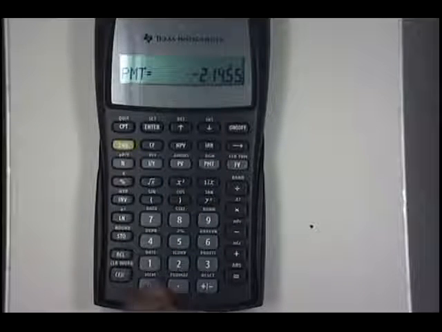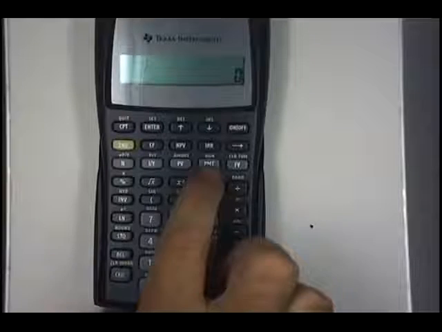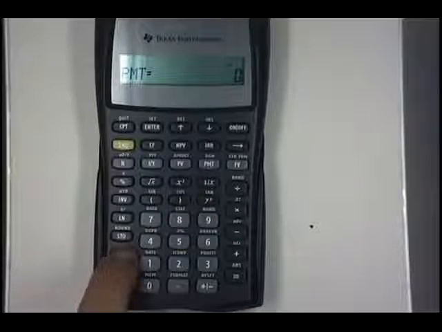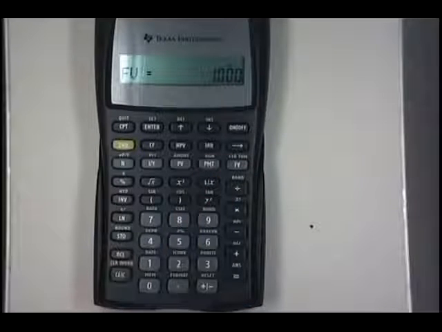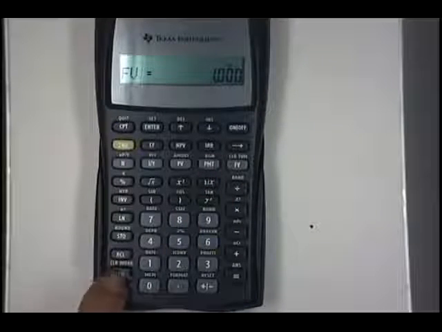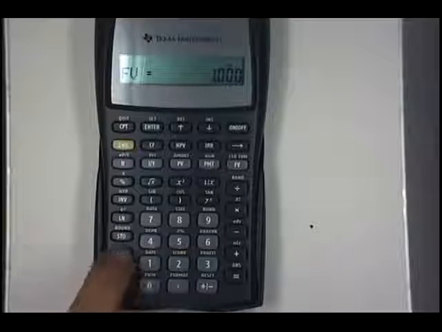Recall my payment. That's why I missed it, because I hit a wrong button. 0 is my payment. Recall my future value, and it's $1,000. We'll do that again. Now I should have the right numbers there.